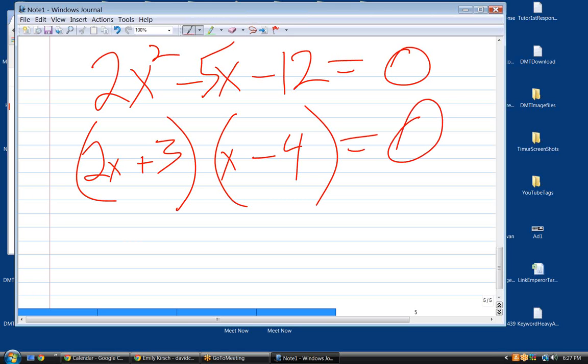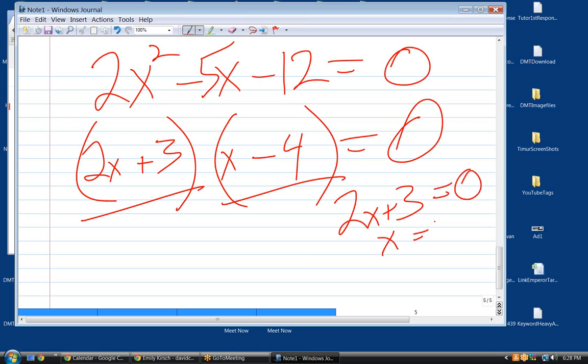The most important rule of algebra says that if you multiply two things together and they equal 0, one of them has to be 0. So the next step is to set that equal to 0 and solve, and set that equal to 0 and solve. So if 2x plus 3 equals 0, what's x equal?